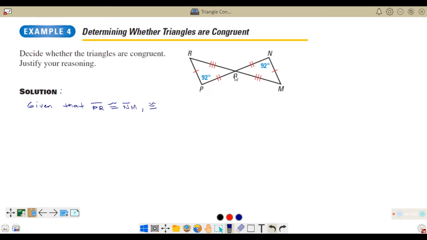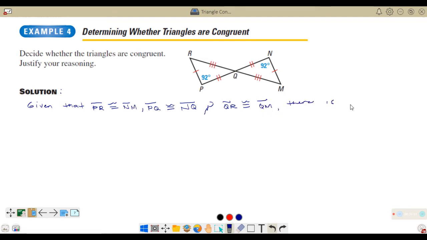segment PQ, kulang ako sa space, segment PQ is congruent to segment NQ and segment QR is congruent to segment QM.